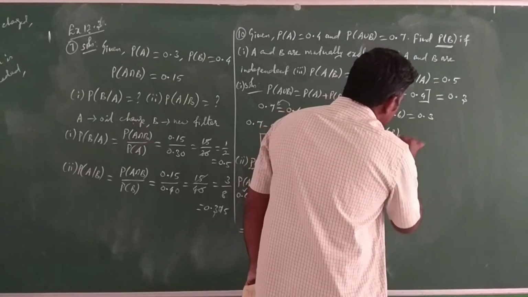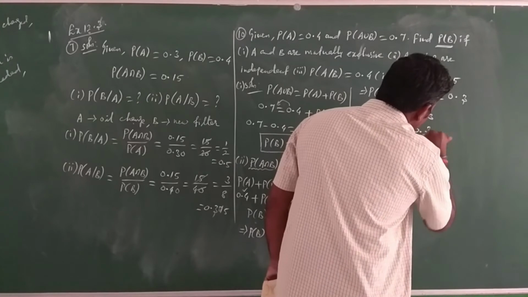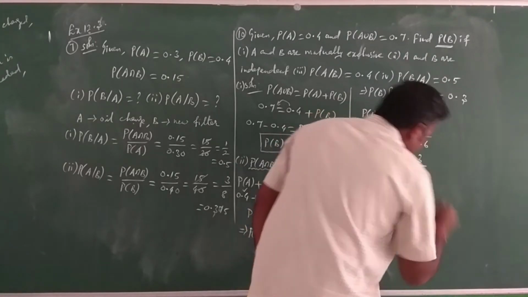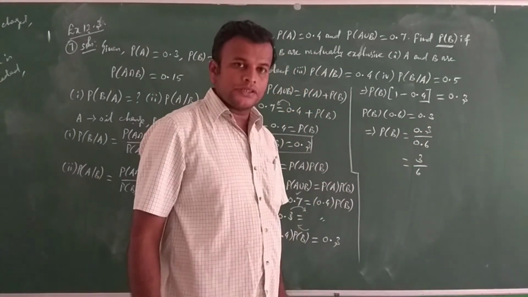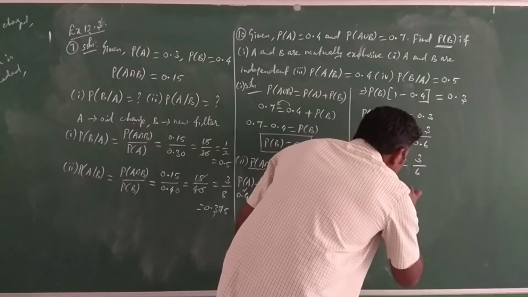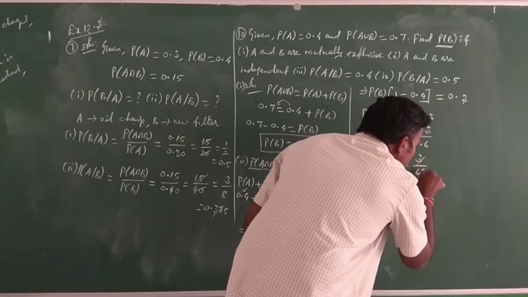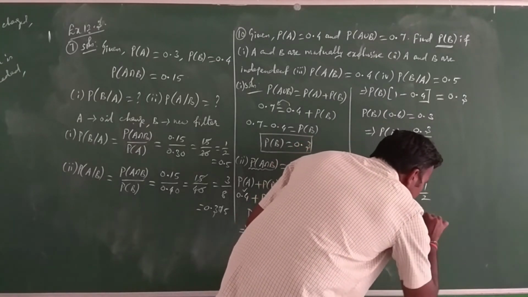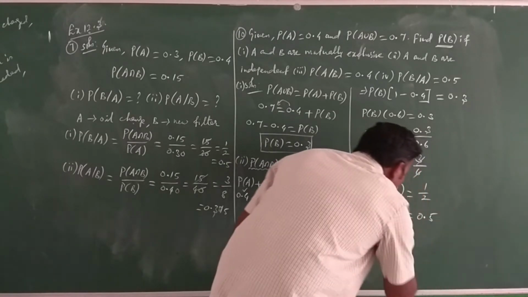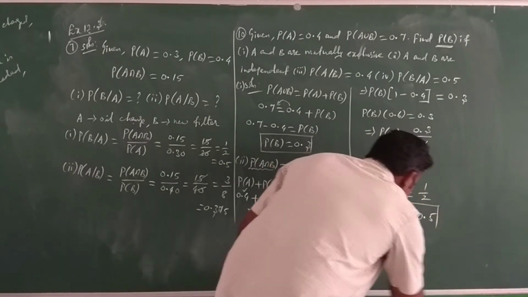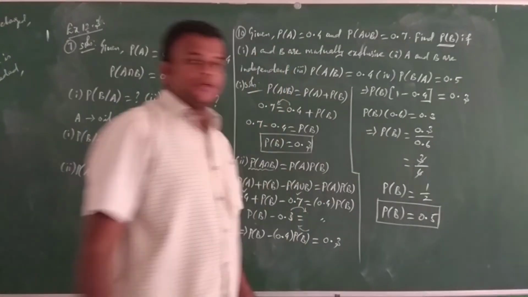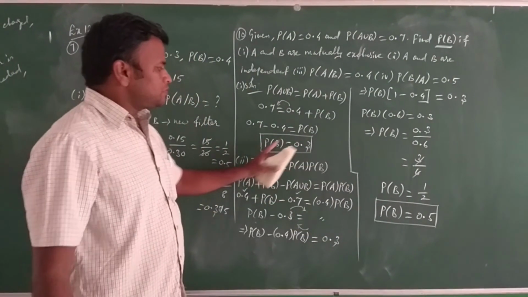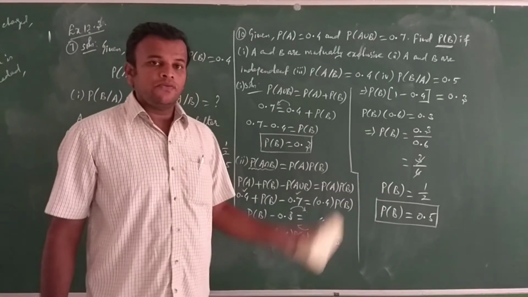So P of B is equal to 0.3 by 0.6, which is nothing but 3 by 6. We cancel and get 1 by 2. So the P of B value is 0.5. In the second submission, the value of P of B is 0.5. The first submission is 0.3 and the second submission is 0.5.